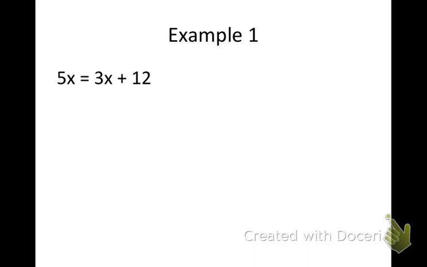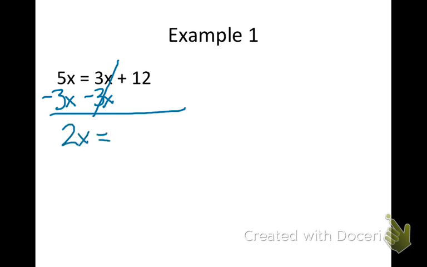So we'll undo or use the additive inverse, and we'll subtract 3x from the right, which means we're going to also subtract 3x from the left. Since this is gone, 5 minus 3 is 2x, and we bring down the constant. Now we just simply divide both sides by 2, and we get x is equal to 6.